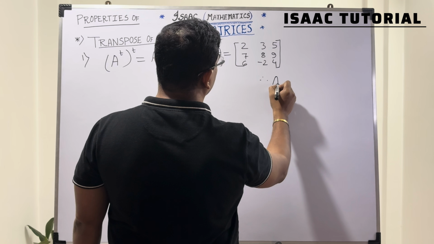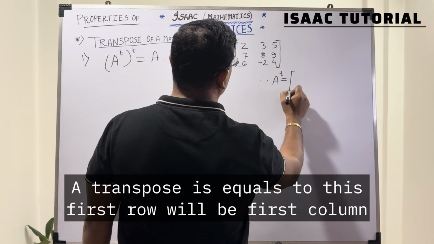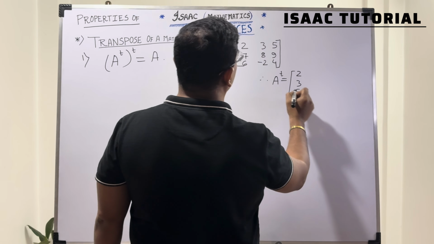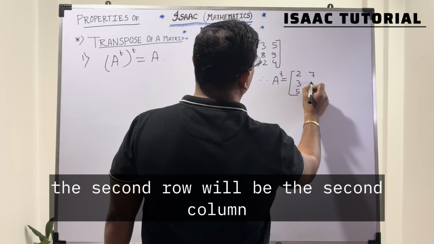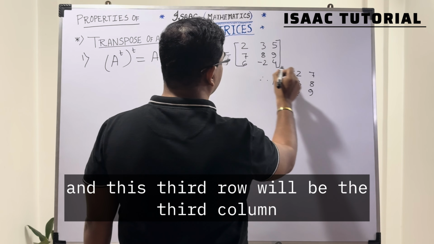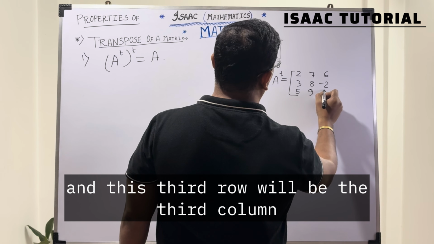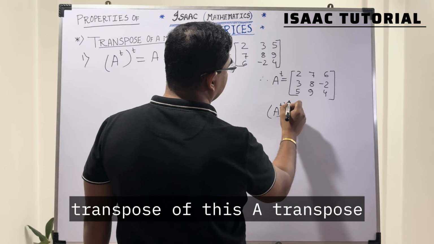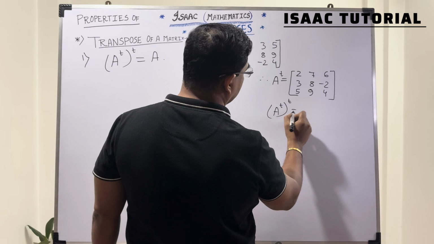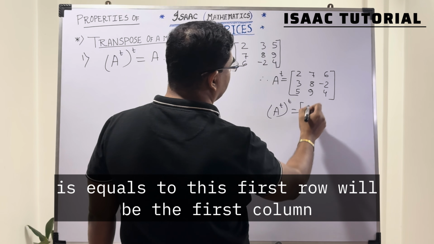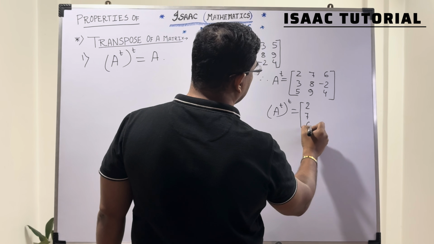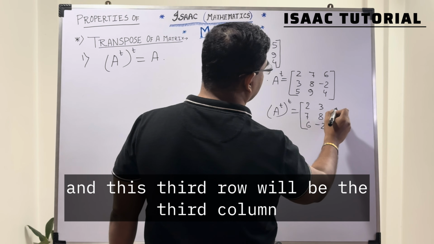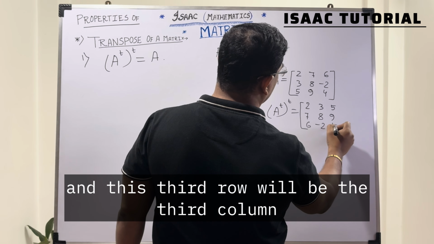So therefore, A transpose is equal to, this first row will be first column, this second row will be the second column, and this third row will be the third column. Now, transpose of this A transpose is equal to, this first row will be the first column, this second row will be the second column, and this third row will be the third column.